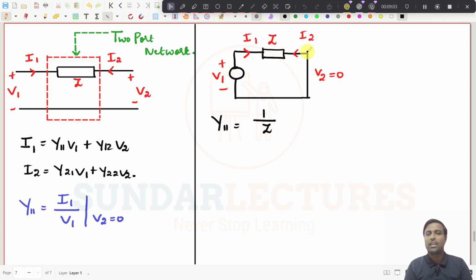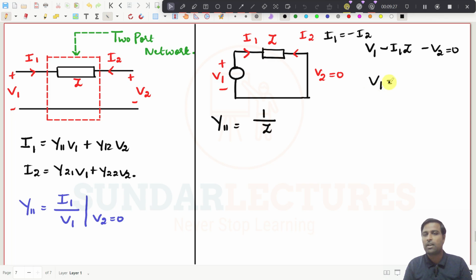If you write the equation, maybe I will write it down here. Write the KVL expression, what you will get. V1 minus I1 into Z, and I1 is nothing but minus I2, minus V2 will be equal to 0, right? That is the equation.